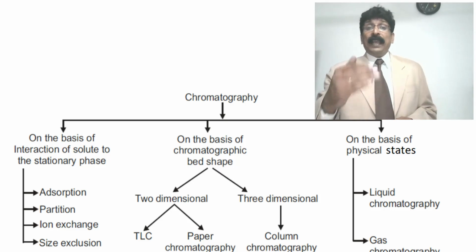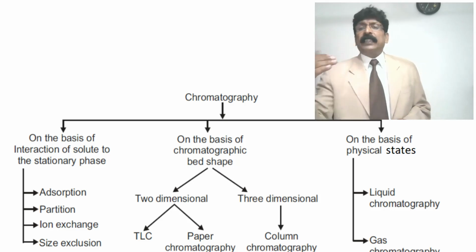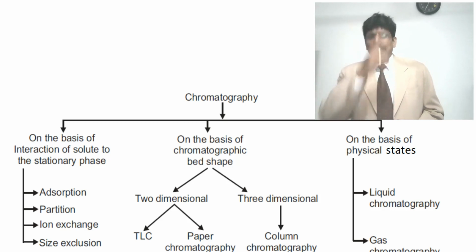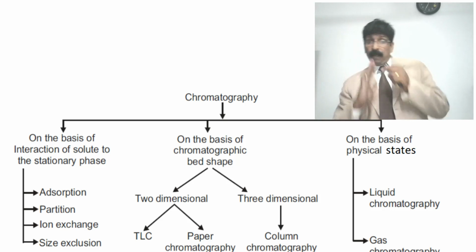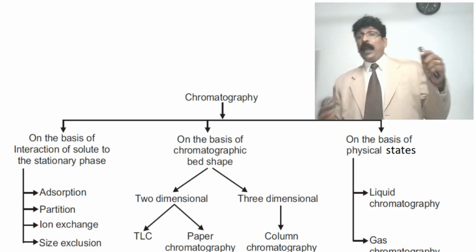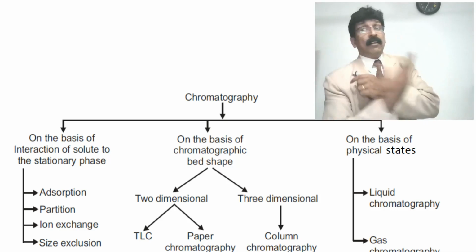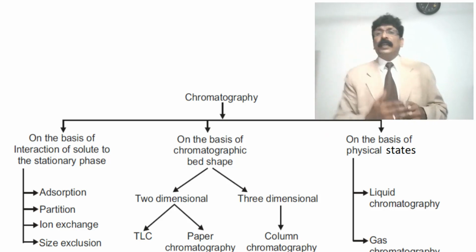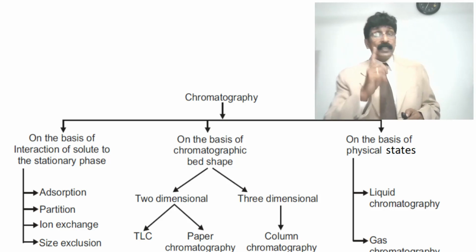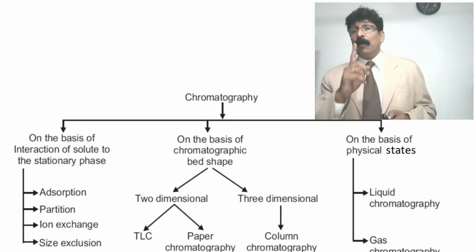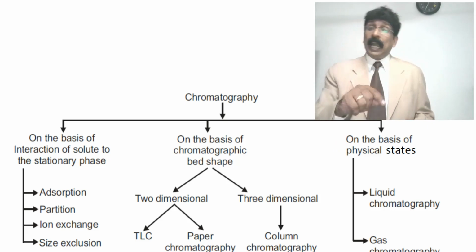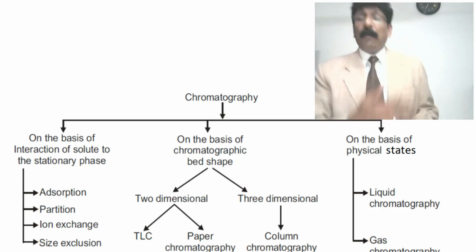On the basis of chromatographic bed shape, that means what is the shape? Whether it is X and Y only, or if it is three-dimensional like column chromatography, X, Y and Z. So it is not by means of the movement of the sample. Two-dimensional work is in paper chromatography and thin layer chromatography.